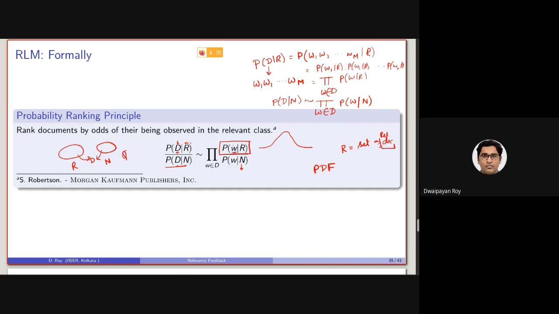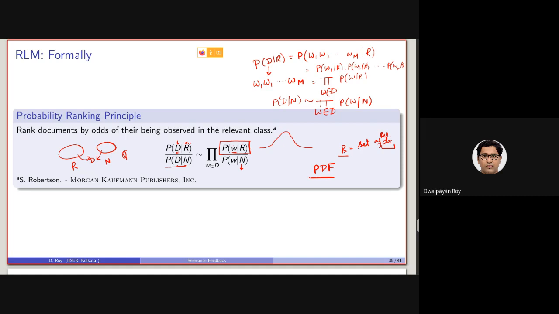In another way, we can consider this R to be a set of PDFs which are similar, because all the relevant documents are expected to be similar. So for an individual document there will be a PDF, but all the PDFs are expected to be similar, not exactly the same.